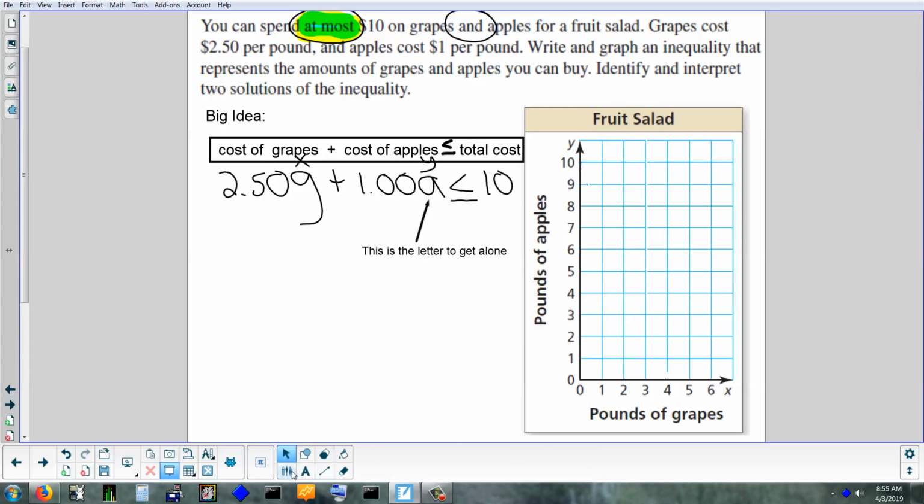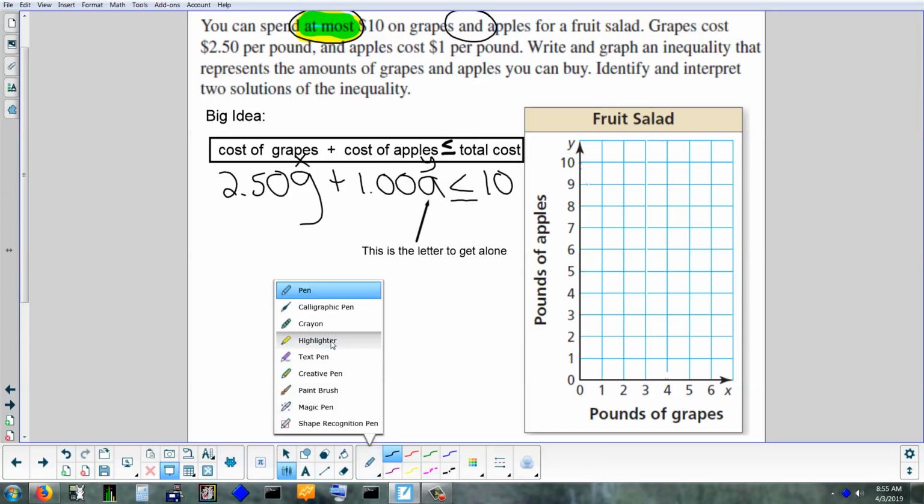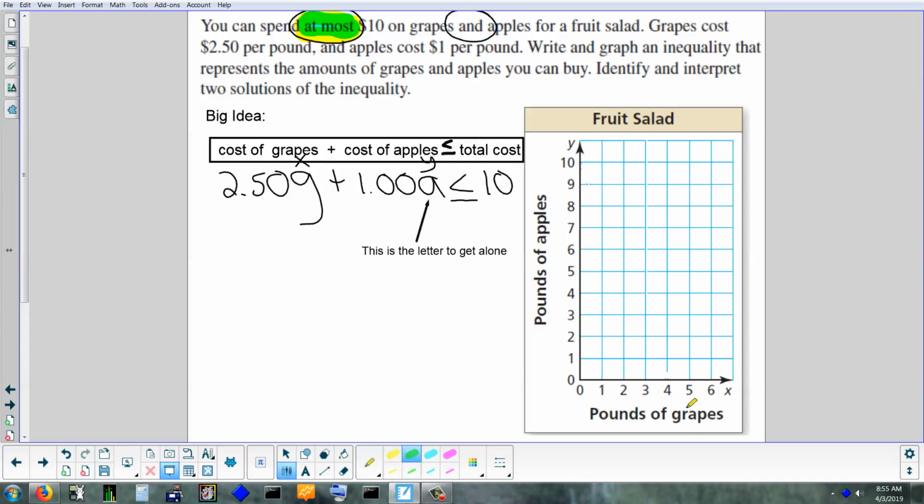On the test or on the homework, if you want to use X and Y to make it a little easier, you can do that too. So we want to get A alone. In terms of being able to graph it, this one is going to have two steps. What's the first step to get the A or the Y alone?